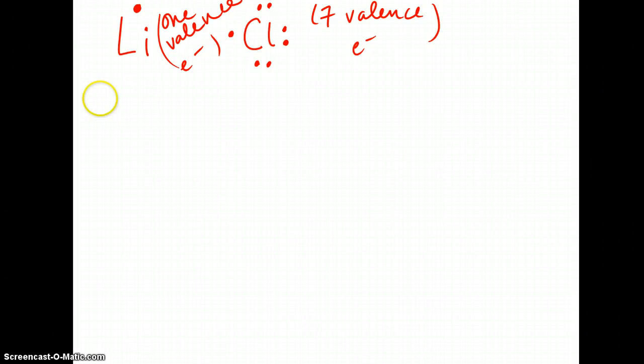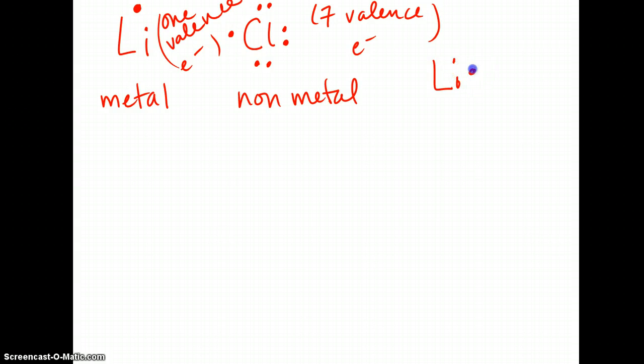So let me just define some of these things. We know that lithium is a metal and chlorine is a non-metal. And if these two come together, here is my lithium with its 1 electron, and I'm going to put it here for right now and you'll see why. Chlorine, remember, has 7, 1, 2, 3, 4, 5, 6, and here is 7, okay?